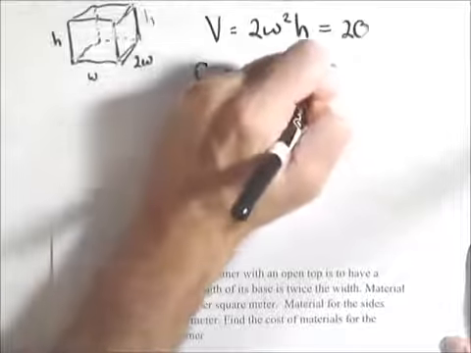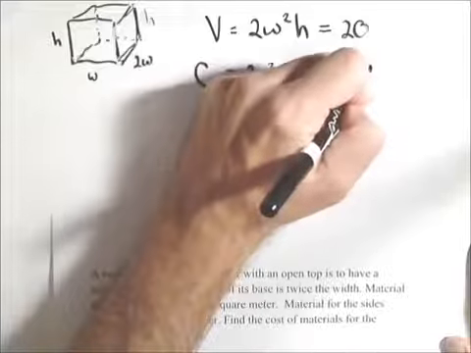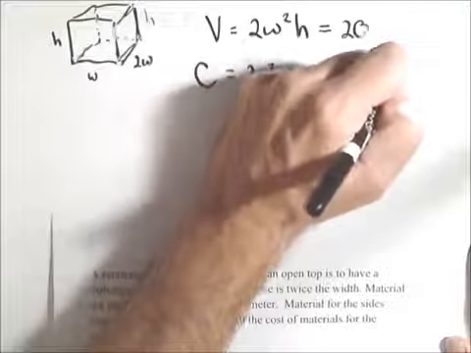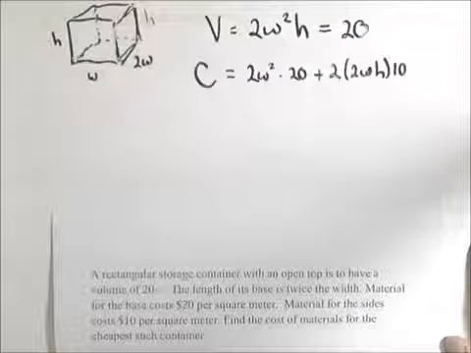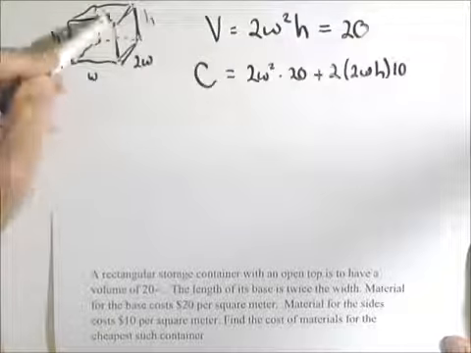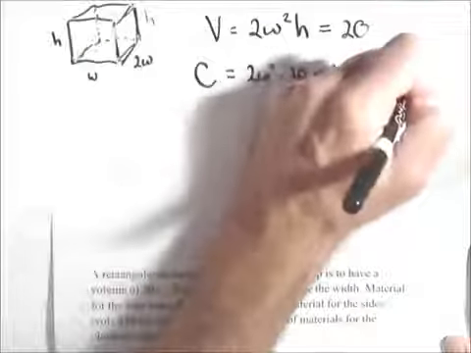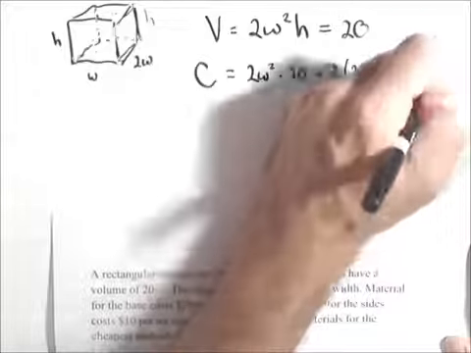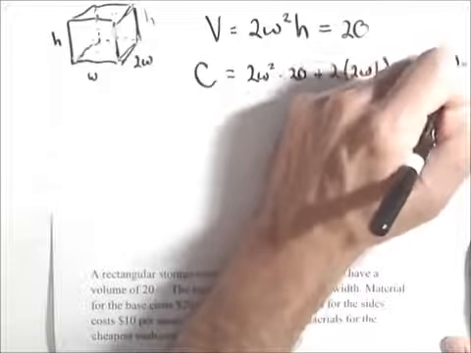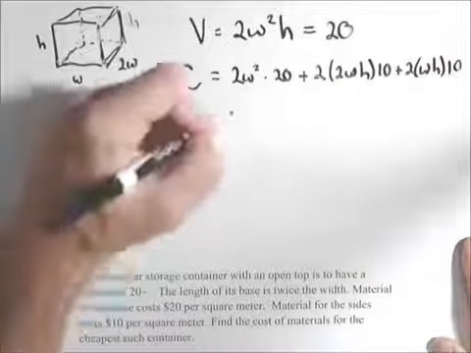So we got two sides that are 2W times H, and they cost $10 per square meter. Now this side is W times H, and again there's two of them, one the front and the back. So we have the two that are W by H, and those are also $10 per square meter.